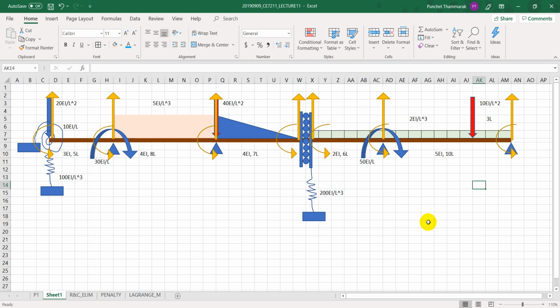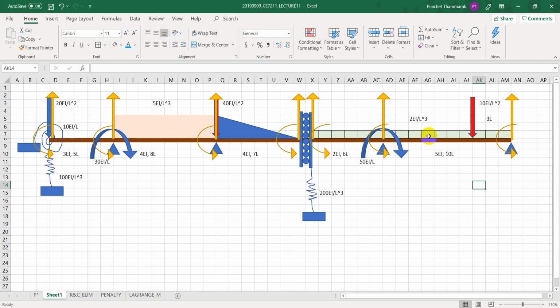What do you want to use? Maybe Lagrange multiplier. 1, 2, 3, 4, 5, 6, 7, 8, 9, 10, 11, 12, 13, 14. Not more than the one we had before.